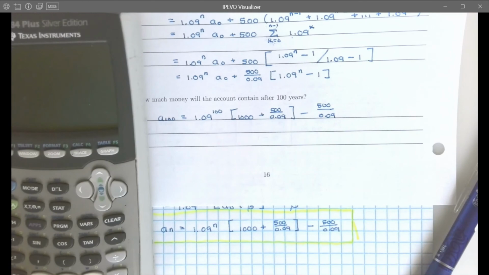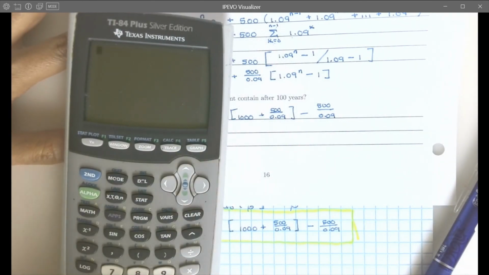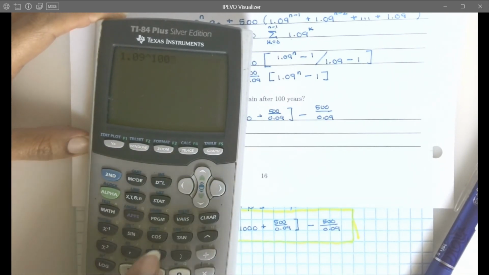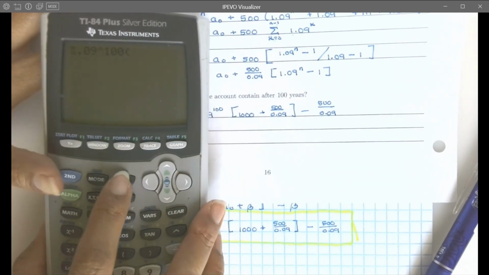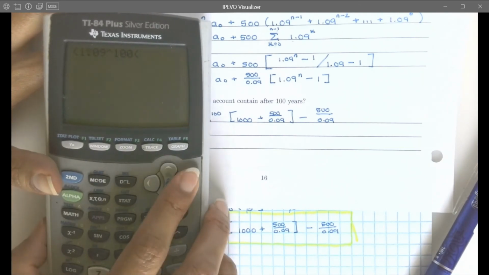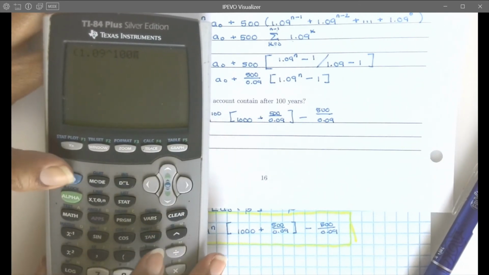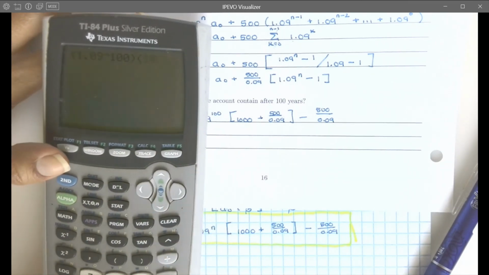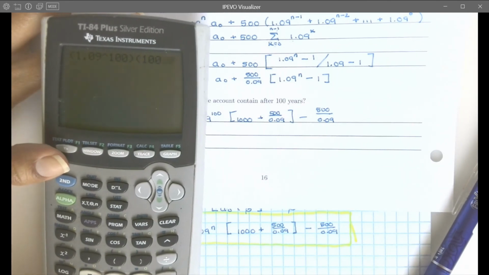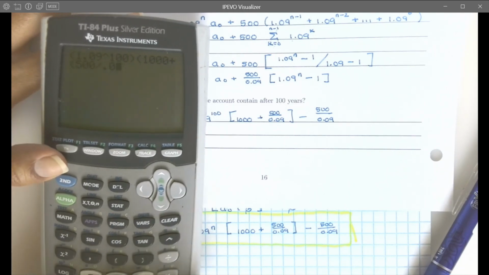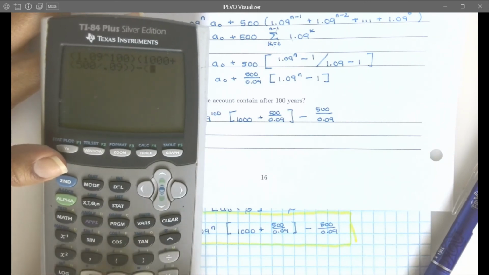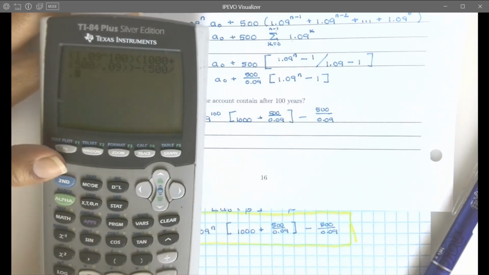So let's see what that turns out to be. We have 1.09 to the 100, and actually let me just surround that in parentheses, even though it should work the same, just so that we're safe, multiplied with 1000 plus 500 divided by 0.09 minus 500 divided by 0.09.